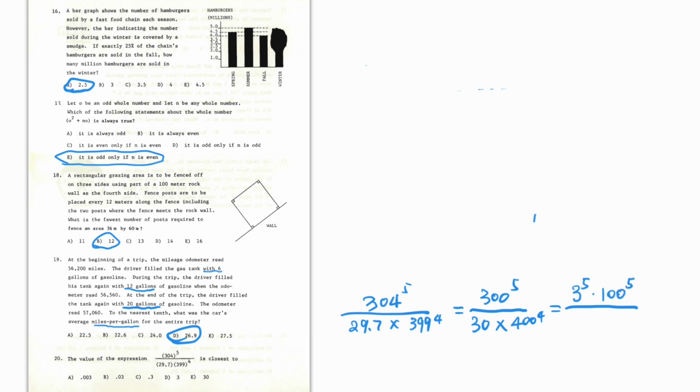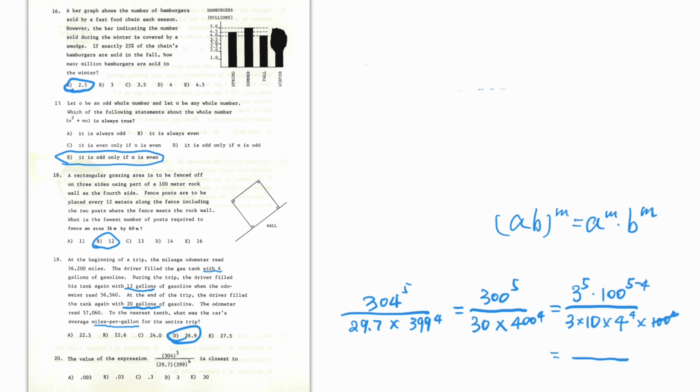Exponent law: (AB) to the power m equals A to the power m times B to the power m. 30, that's 3 times 10, and 400 to the power 4 equals 4 to the power 4 times 100 to the power 4. Now we cancel the 100 to the power 4. This 5 minus 4 leaves us the 100.